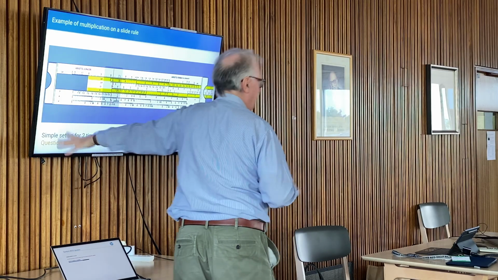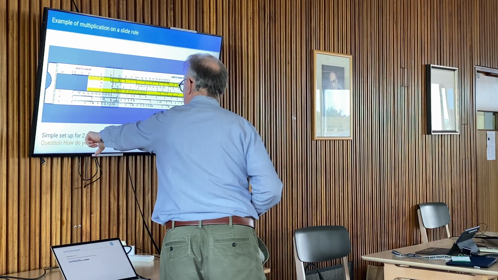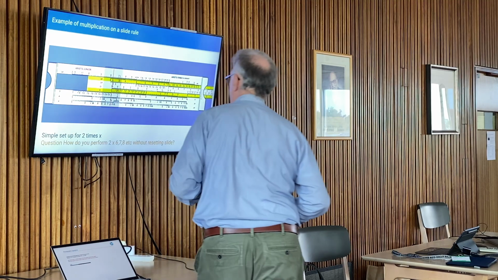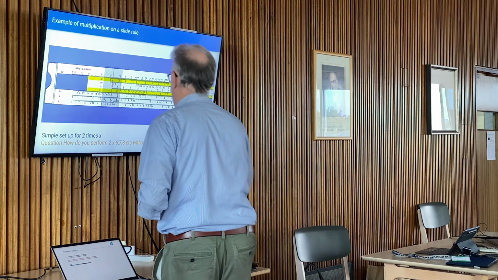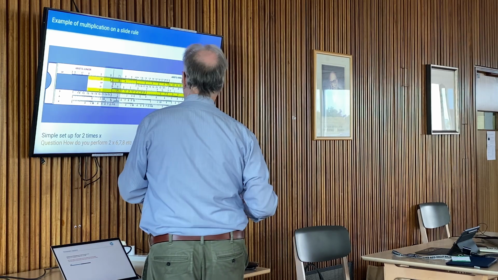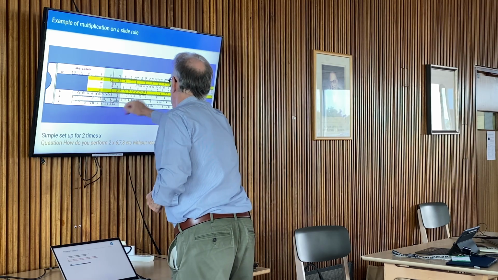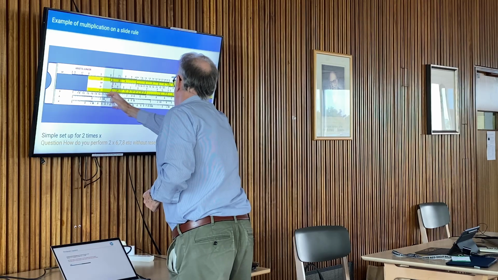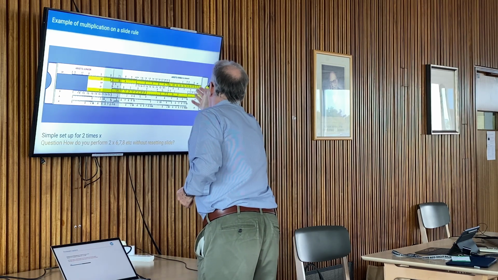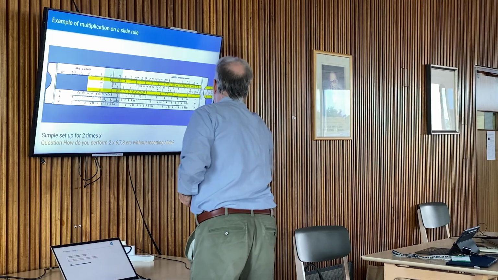So here in this very simple example, for an illustration, 2 times x, set the index point to 2, and then you can see quite easily that as you scan along, you can also do other x's as well. So 2 times 2 is 4, obviously. 2 times 3 is 6. 2 times 5 is 10.